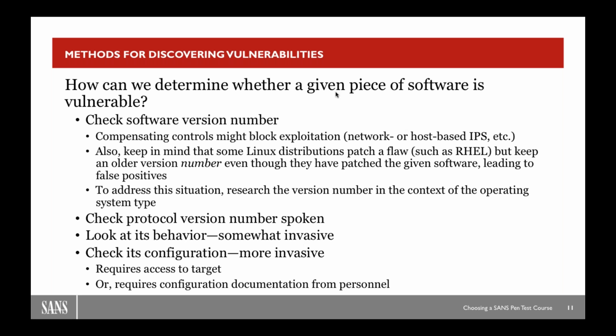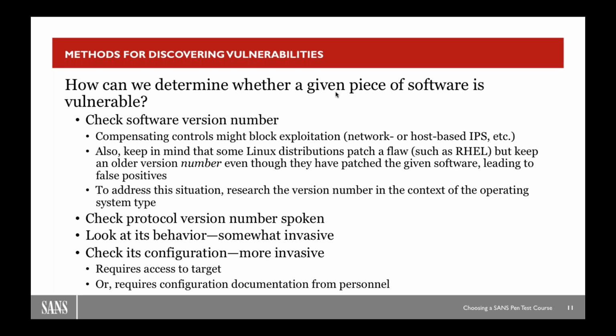A variant of that would be looking at different protocols that are supported. In the computing industry, there are hundreds and hundreds of protocols that you can run into on a daily basis, and some of those protocols are known to be more vulnerable than others. Some simple examples might be something like SSH. We've got SSH version 1 and SSH version 2, where SSH version 1 is a weaker, more vulnerable protocol.